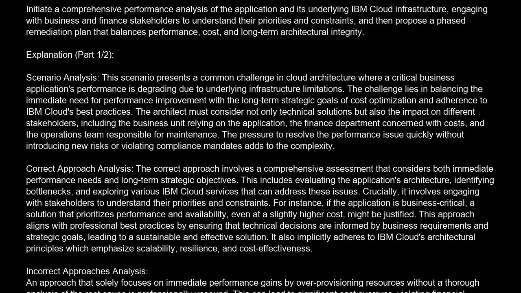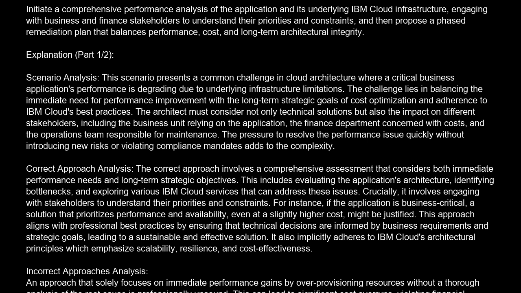The architect must consider not only technical solutions, but also the impact on different stakeholders, including the business unit relying on the application, the finance department concerned with costs, and the operations team responsible for maintenance. The pressure to resolve the performance issue quickly without introducing new risks or violating compliance mandates adds to the complexity.